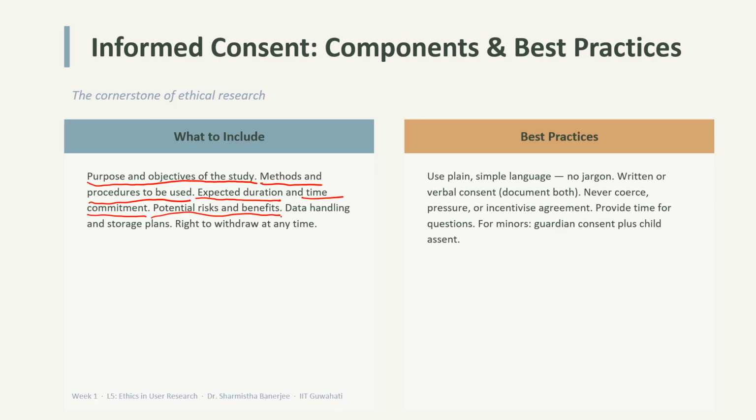Then you have to talk about the data handling and storage plans, and you have to also tell them that they have full right to withdraw even when they are in between the research. Now, if your population is mentally capable of understanding it in a written format and then giving you consent, collect it in that way.